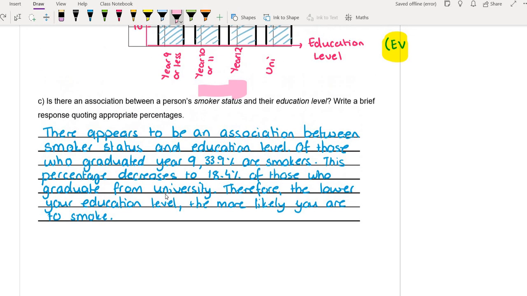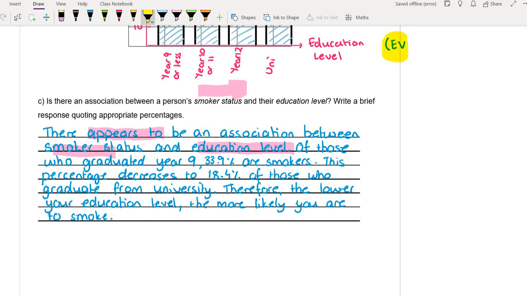Then you can write a brief response, something similar to what I have here. You again write "there appears to be," so you never want to be definite, because nothing is ever perfect. So there appears to be an association between your variables. And then again, you want to back it up with data.